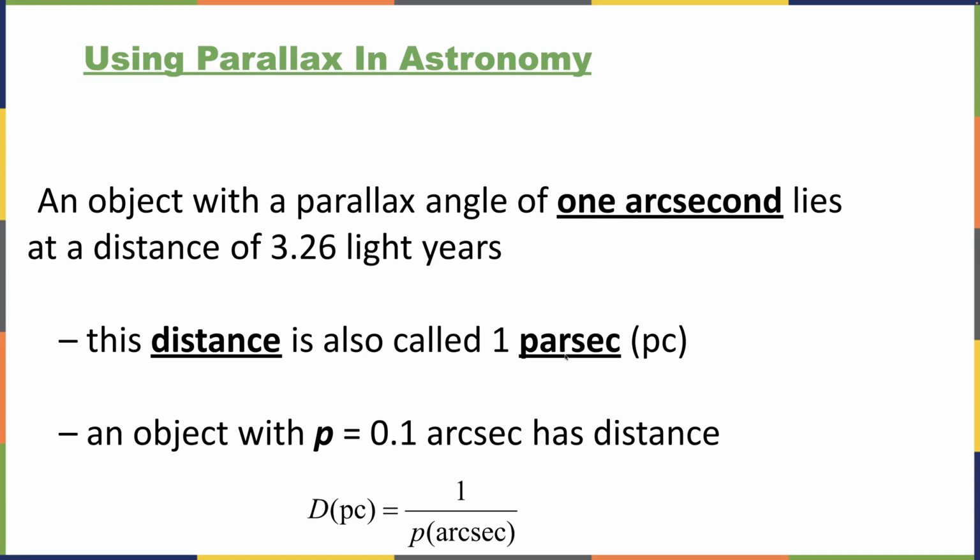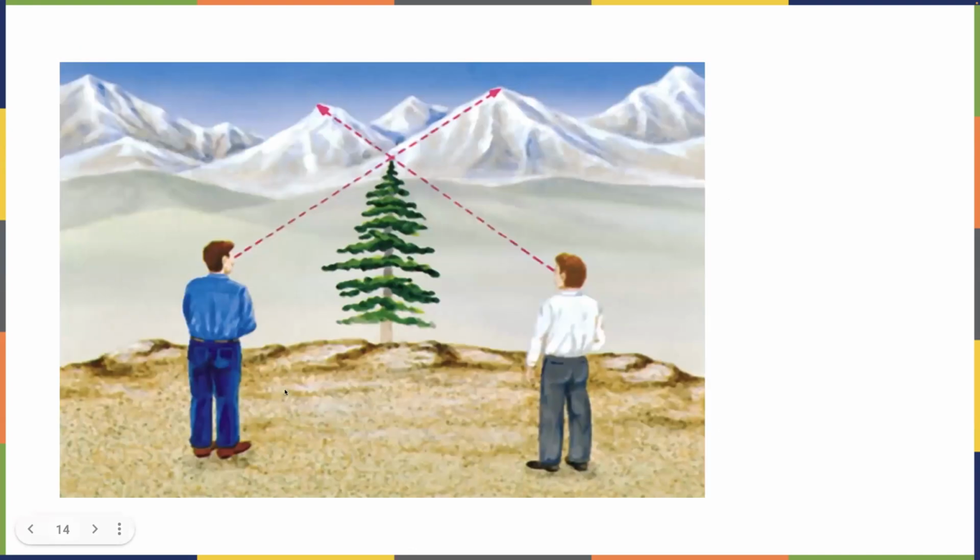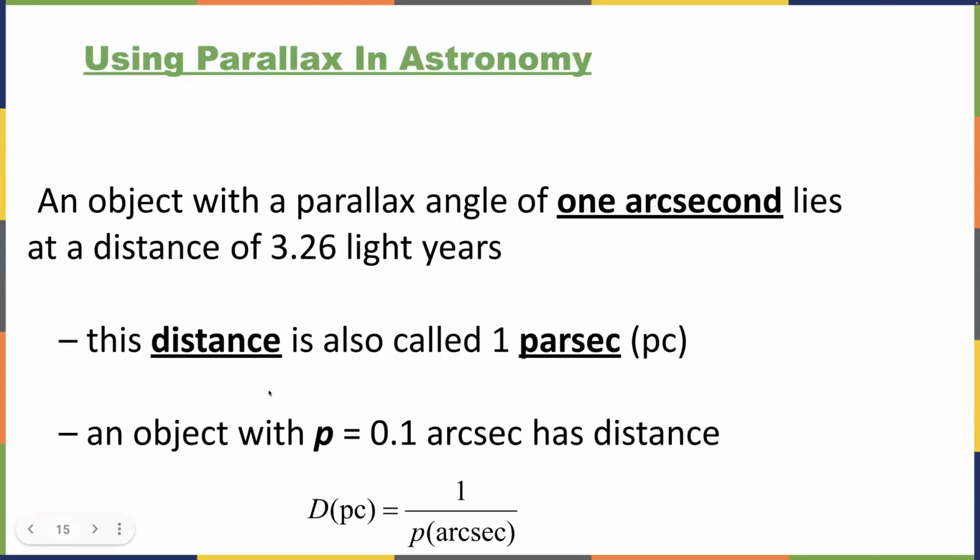And the way that it connects to the distance is that if you have an object at a distance of 0.1 parsecs, it has a distance. Sorry, let me correct myself.